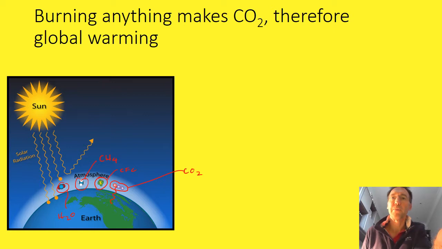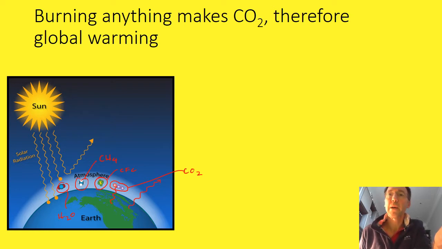So if a carbon dioxide molecule wasn't there in the atmosphere, this infrared radiation would just leave and go off into space. But the more carbon dioxide molecules you have, the more that it's going to be absorbed. And so those carbon dioxide molecules in the atmosphere have absorbed some of the Earth's radiation and heated up themselves.